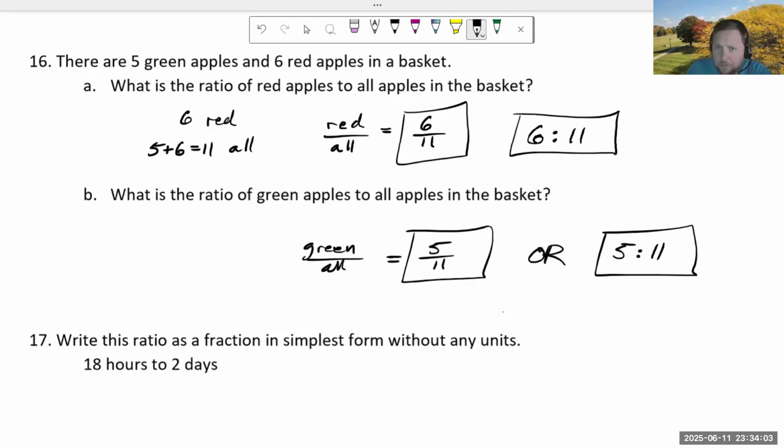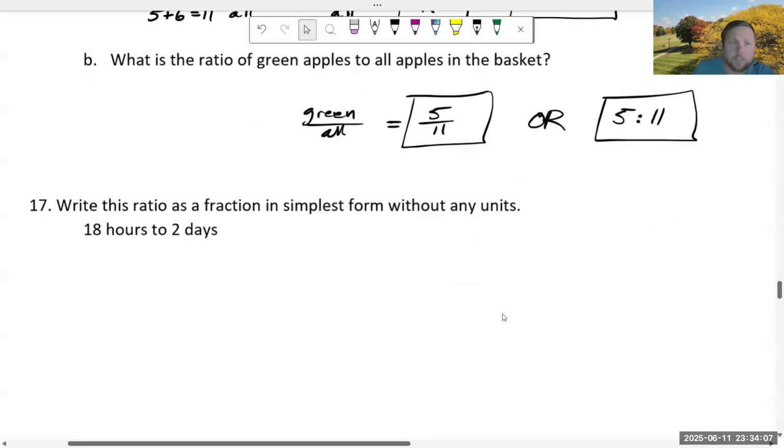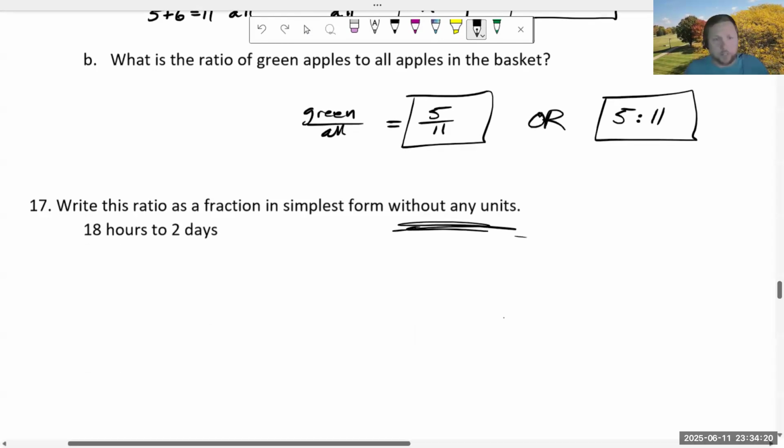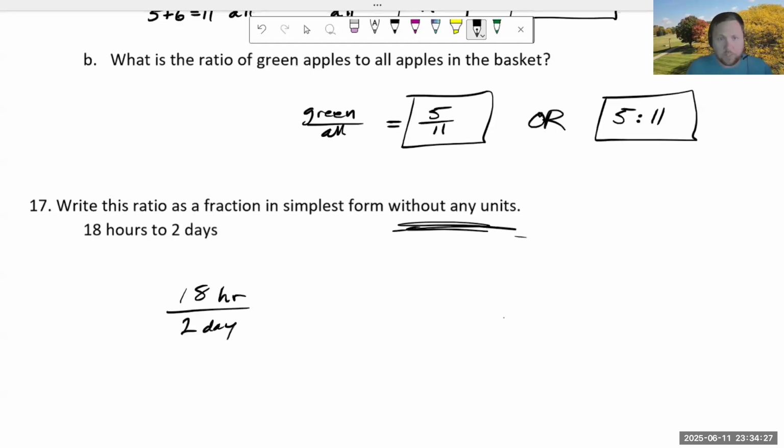So okay, write this ratio as a fraction in simplest form without any units. So this is like that sandwich problem from class. So I have 18 hours to 2 days. So I know that one day is 24 hours.